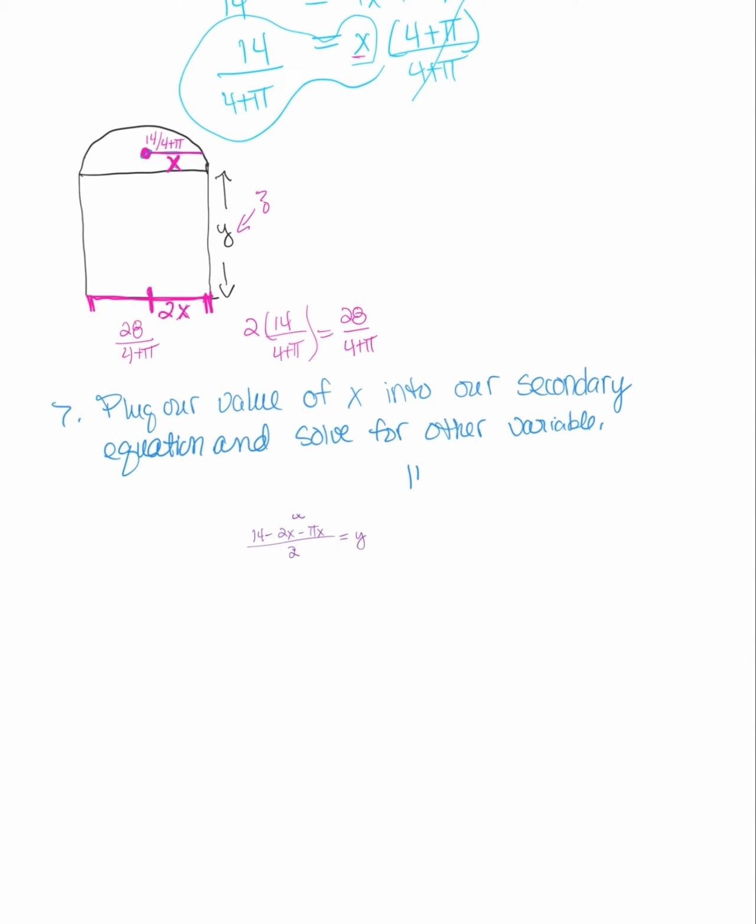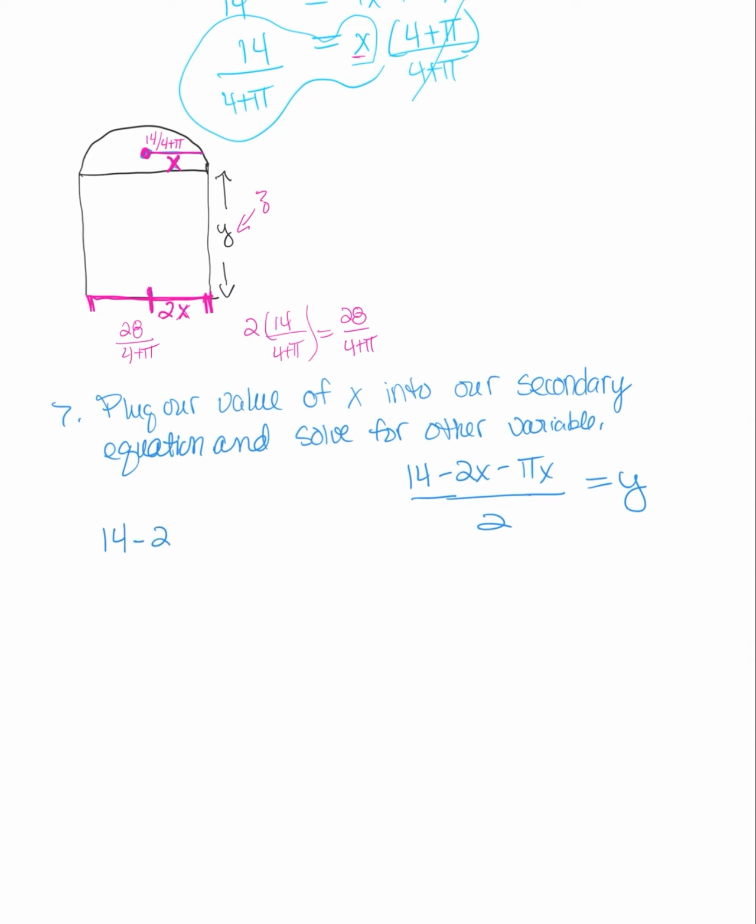So our secondary equation was 14 minus 2x minus pi x divided by 2 equals y. All right. Well, we're going to plug in our x values.